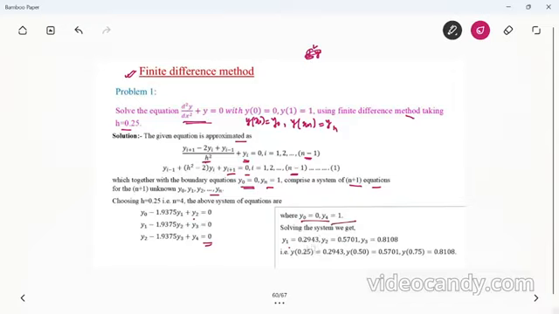So y1 is 0.2943, y2 is 0.5701, y3 is 0.8108. So this is the value. We are starting with 0, h is 0.25, so y0 is 0, y1 is 0.25, y2 is 0.5, and y3 is 0.75, and y4 is 1. This is calculated here.